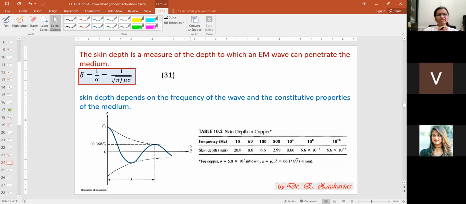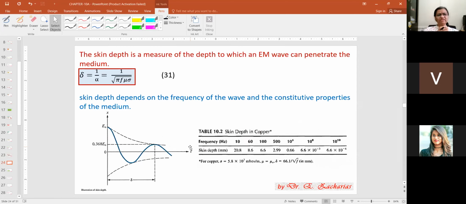So the effective area through which it can pass is small, which if it is a wire, I can write as 2 pi A into delta, if A is the radius. That is the area available for the current to pass.